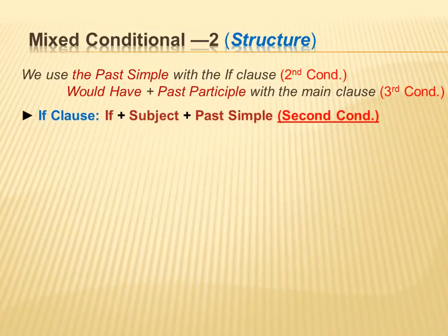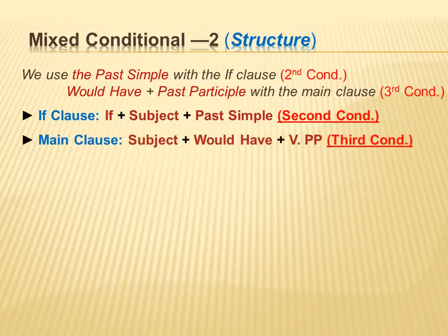In the if clause, we have to use if plus subject plus past simple, and in the main clause we use subject plus would have plus past participle, and we have to put them together to make one more conditional. We call it mixed conditional two.